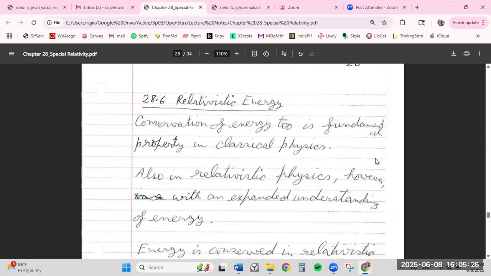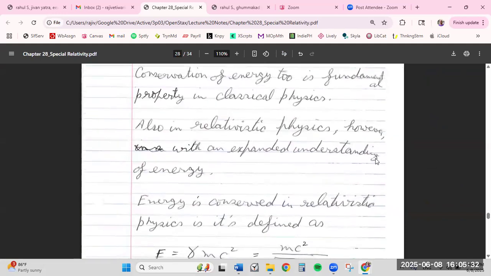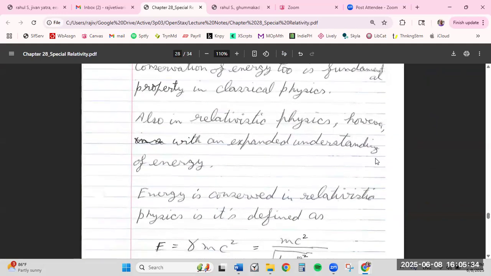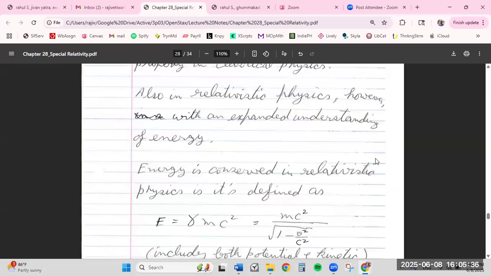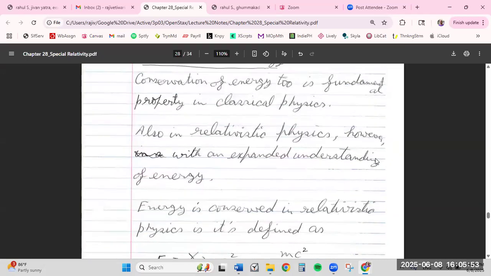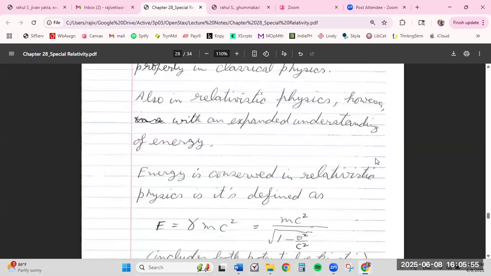It's helpful for many different things. So conservation of energy too is a fundamental property in classical physics, and the same in relativistic physics. However, what we mean by energy has now to be modified. It needs to be expanded in order to maintain the conservation of energy.